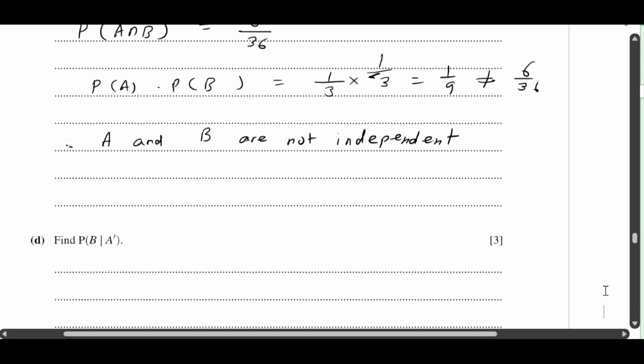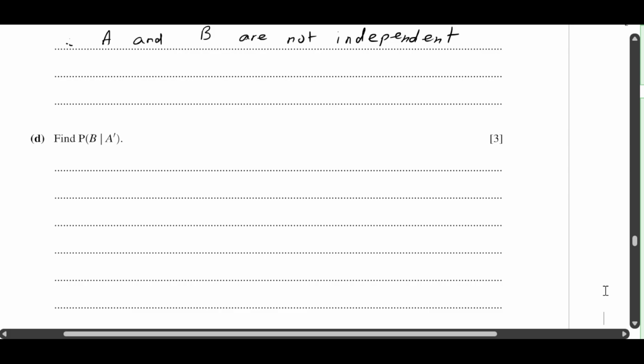The next part is we have to find the conditional probability, probability of B by A complement. Probability of B by A complement means what? It is the probability of B intersection A complement divided by the probability of A complement.